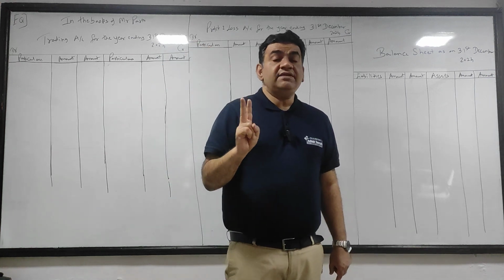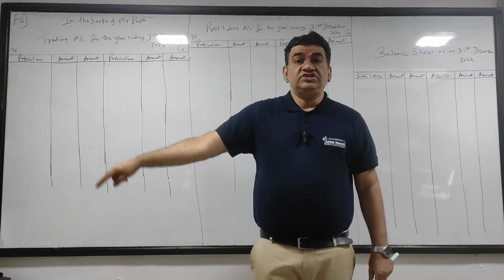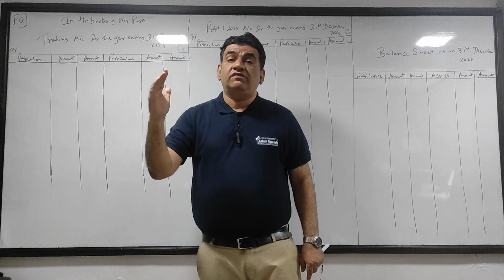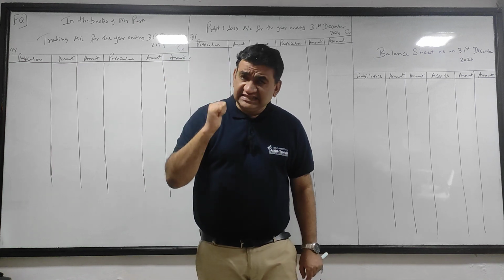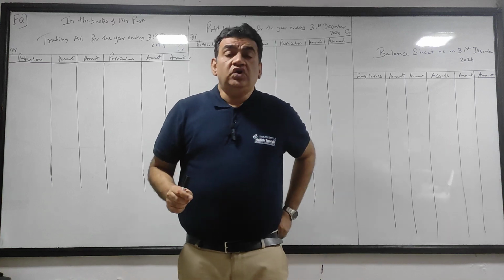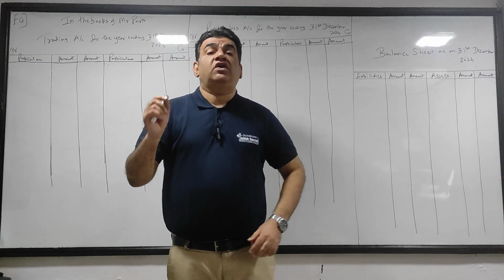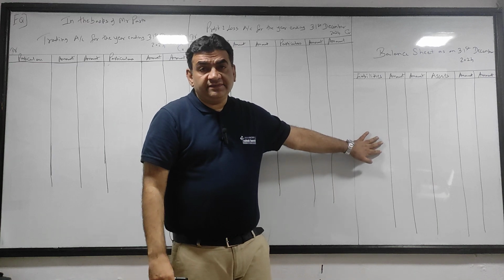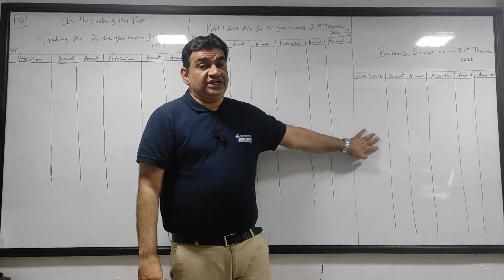Now what was the second main object of preparing final accounts? To know the financial position of the business, for which we make the third thing, that is balance sheet.